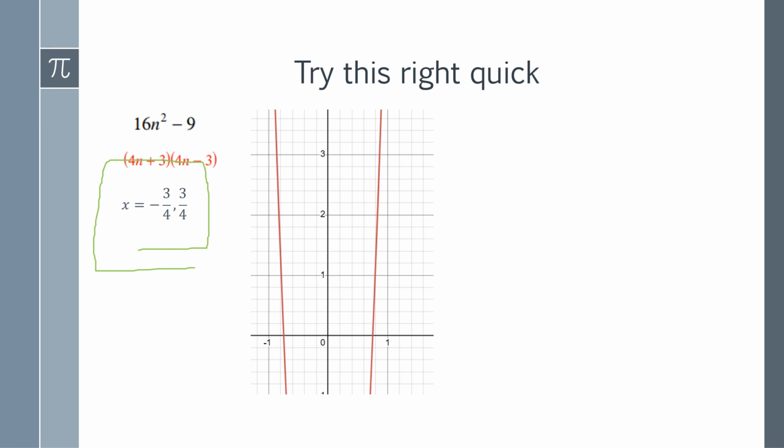X-intercept is another word for roots, zero, and solution. Alright, moving on.